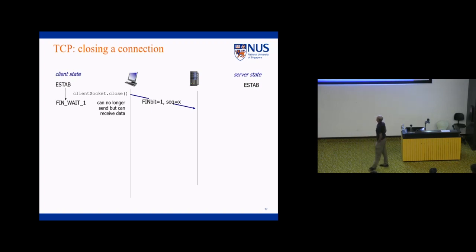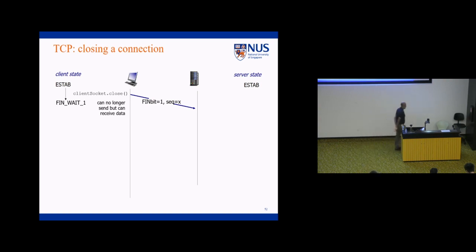Right? So I will put the FIN bit to be 1 to indicate that I want to close my connection. And whatever is the current sequence number I have consumed so far, I will put the sequence number X there. So this is basically telling the other side that I don't want to send any more data to you, I'm done.